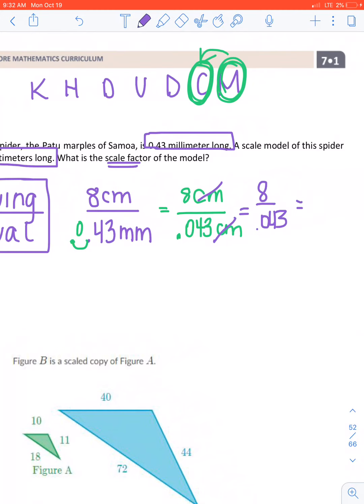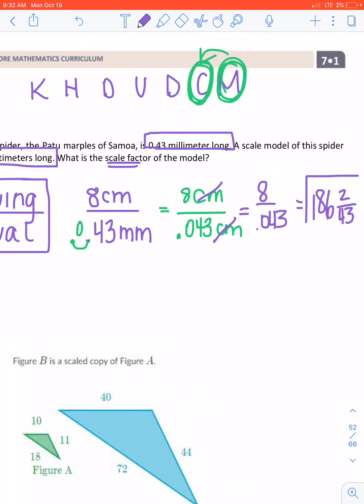Now this is going to give you a really long decimal. I think it might be easier to have it in fraction format. So if you are in the TI-30, you're going to hit second PRB. It's going to give you fraction to decimal and hit enter. All right, so you have 186 and 2/43. If you're in the new calculator, you can hit the 2 arrows right above the equal sign and then enter again, and that will give you the fraction format.